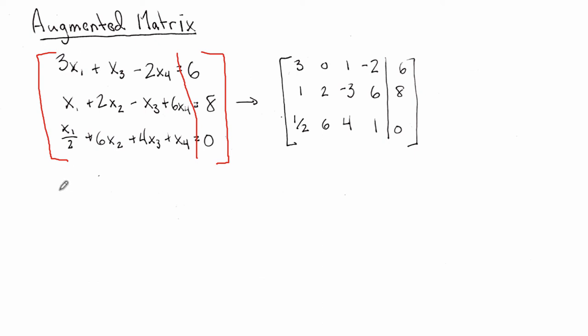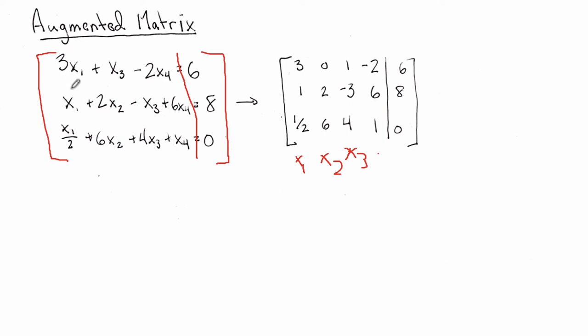For x1, my coefficients are 3, 1, and 1/2. You can think of this as my x1 column, this is my x2 column, my x3 column, and so on.